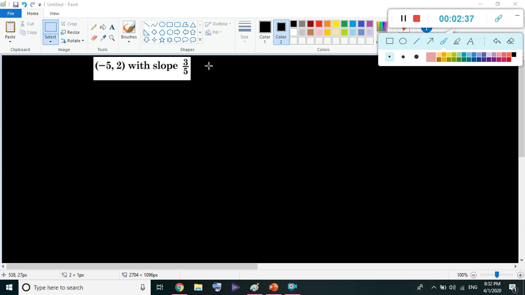It's going to be y minus y1 equals m, this is m, times x minus x1. So now let's start solving. We're just going to substitute. y will stay as it is, as we said, minus y1, which is 2, equals m.